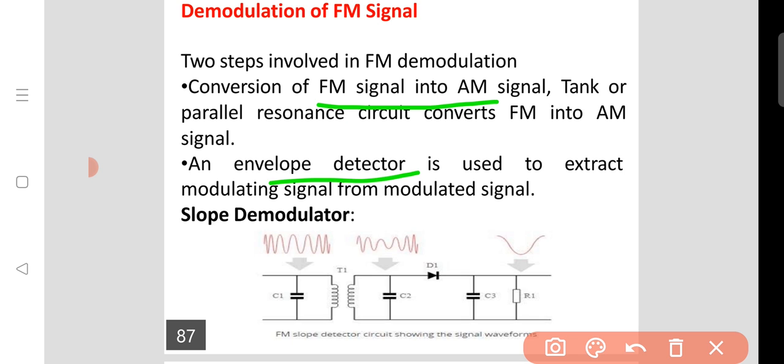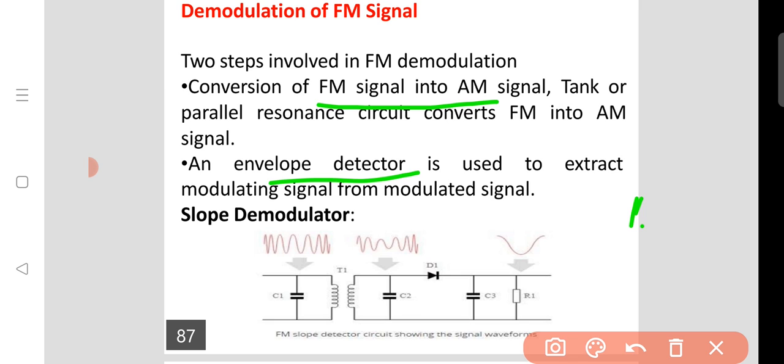Coming to the scenario, there are different types of methods for the detection of FM. First step, the conversion of FM to the AM. This conversion procedure is called discrimination. Frequency discrimination.